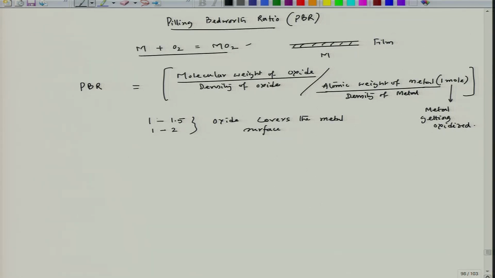But if this ratio is less than 1, of course the oxide will not cover the metal surface. So in this case we will have no oxidation resistance, and in the earlier case we will have oxidation resistance.